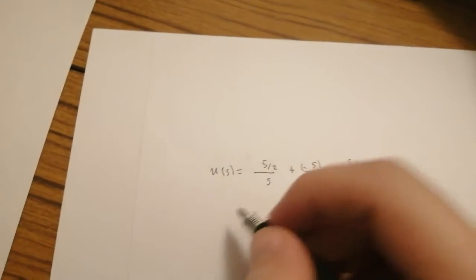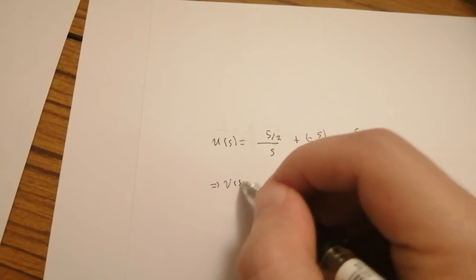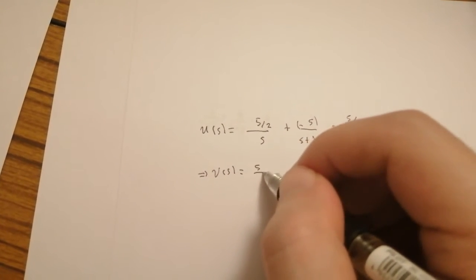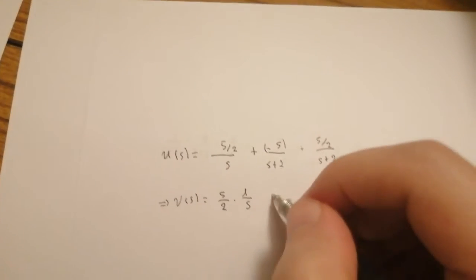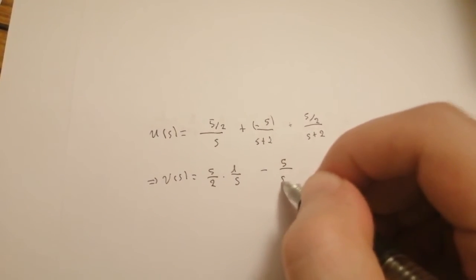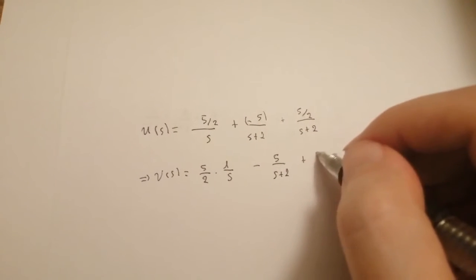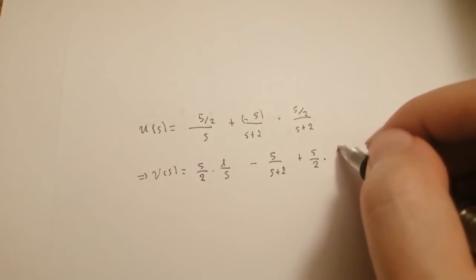This is what I have. I rewrite this as 5 over 2 times 1 over S minus 5 over S plus 1 plus 5 over 2 times 1 over S plus 2.